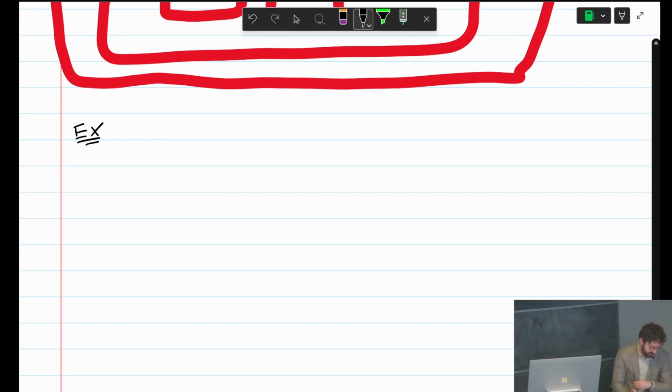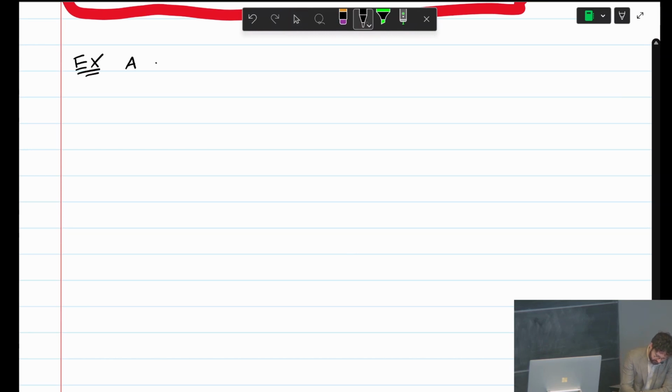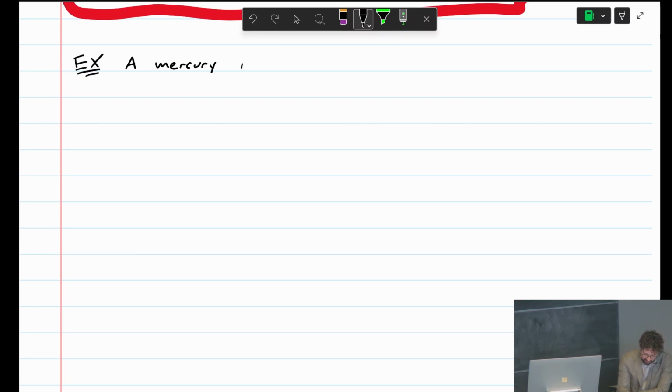I'm going to do another example now. So a mercury manometer, which is quite common, is used to measure air pressure inside a tank.